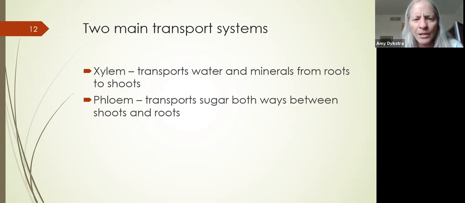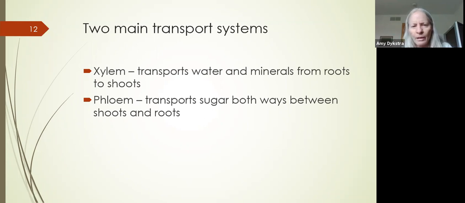Somebody asked me whether carbon dioxide gets transported in the phloem, and it doesn't. There might be some CO2 dissolved in the phloem solution, but the CO2 is going to go into the leaf, and in the leaf, it's going to be used in photosynthesis to make sugar. So it's the sugar that gets transported in the phloem.